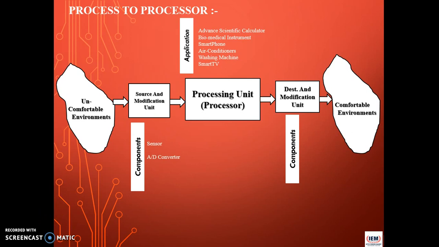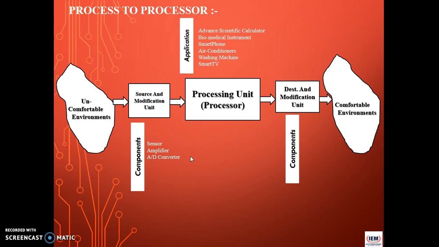So the component we consider is the analog to digital converter, and under this modification unit we also consider an amplifier for an excellent or healthy electrical signal. So first we consider the analog signal, the sensor converts it to electrical, the amplifier amplifies the healthy signal, and the A to D converter converts analog pulses to digital bits at the input of the processing unit.